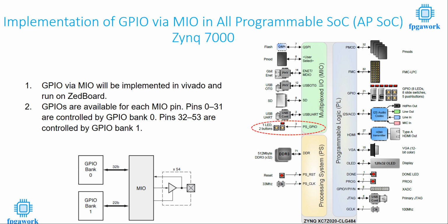In this lecture, I will use only two peripherals. One is LEDs and buttons, and the other one is Pmod. They are built-in hardwired two buttons and one LED in the ZedBoard, and one Pmod in the ZedBoard. As we can see here, it is user select.